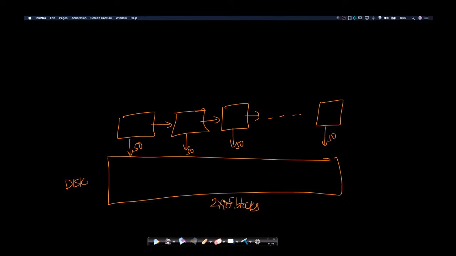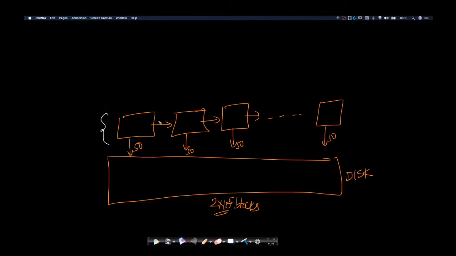Now you have a total of 2 into 10 power 5 blocks. Let me erase this and write the math here; this is the disk. You have 2 into 10 power 5 blocks and 50 pointers per leaf, each pointer pointing to one block.